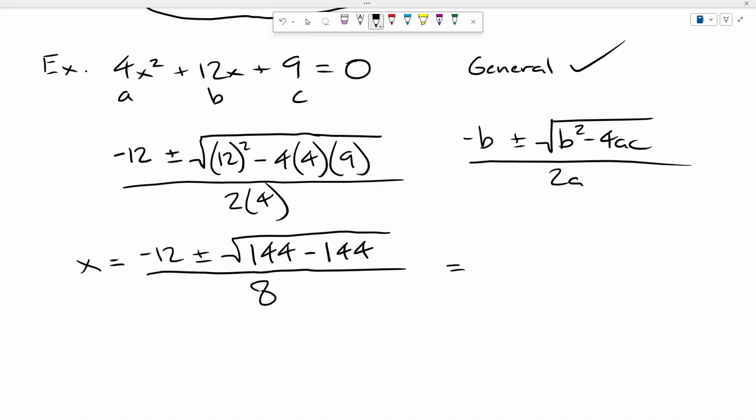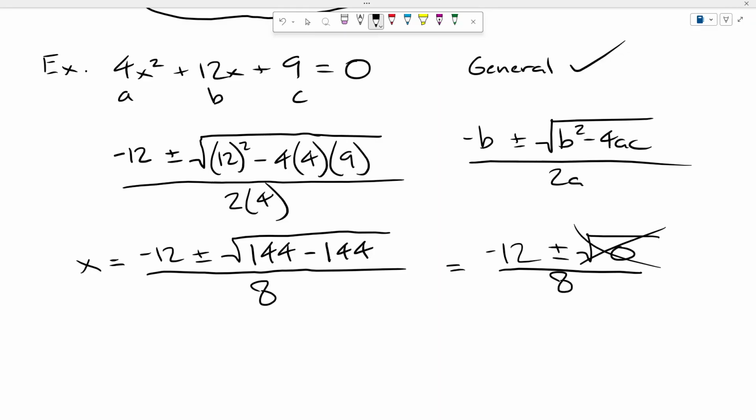So we end up with negative 12 plus minus the square root of 0 over 8, and the square root of 0 is just 0, so that's not doing anything for us.